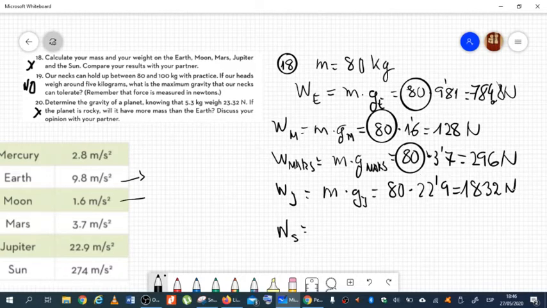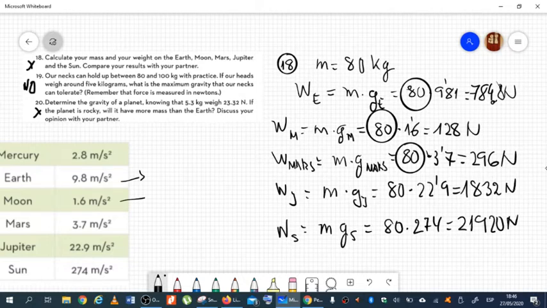And on the Sun, imagine, it is much bigger. It is 80 multiplied by 274. So 80 multiplied by 274 is equal to 21,920 newtons. So it is impossible for you to walk on the Sun.